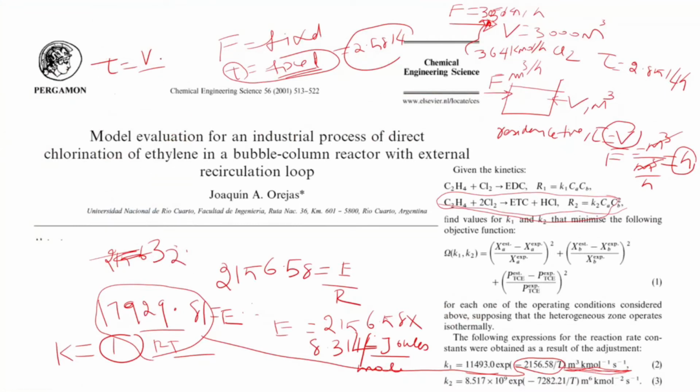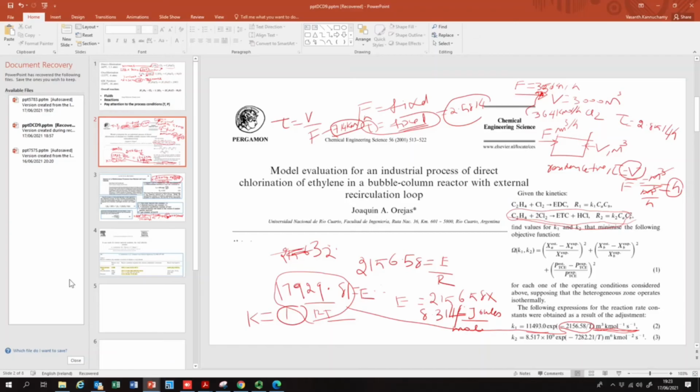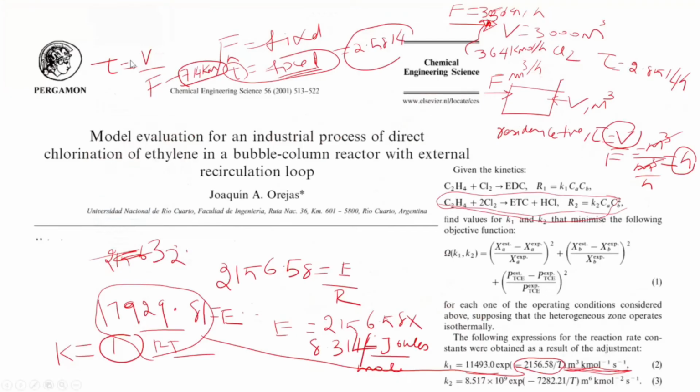So tau is equal to V by flow rate F, where F is equal to 714 kilomoles per hour. Sorry, I got a call. So coming back to this same problem, tau is equal to V by F.